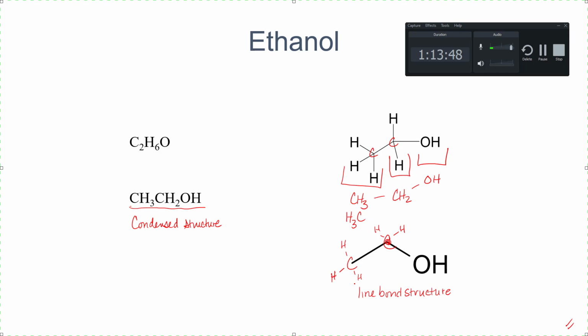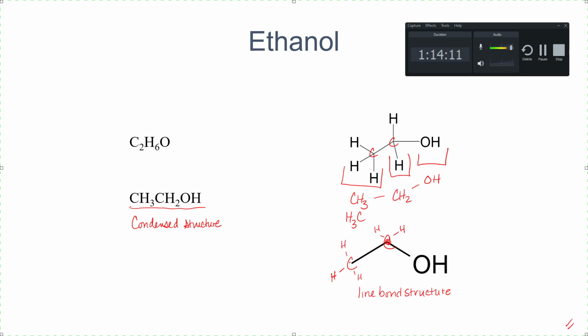Number 2, 5 bonds to a carbon. Carbon cannot form an expanded octet, so only 4 bonds to a carbon. We'll get to number 3 later on. If I could get to 10, I could sell a t-shirt. But in 25 years, I've never gotten to number 10. Anyway, digress. Back to this.